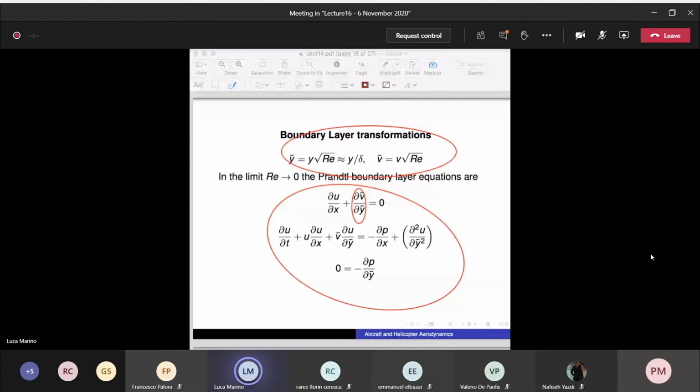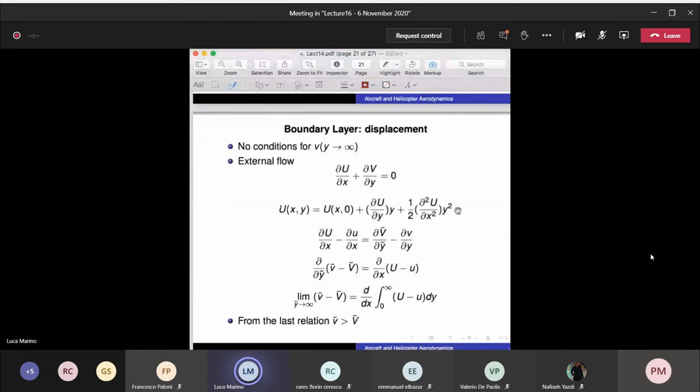Okay. So if we have the external velocity V equal to 0, we will find something which is not 0, but it is of the order 1 over the square root of Reynolds. So if the reference speed is 1 in the x direction, the V component far from the body will be, for example, 10 to the minus 3 if the Reynolds number is 10 to the 6.